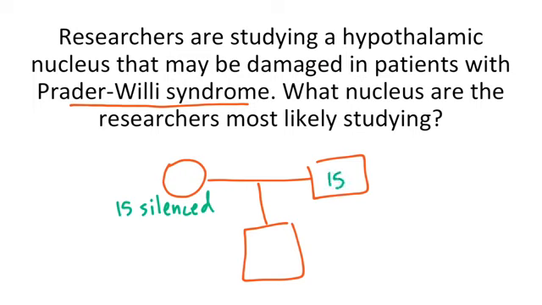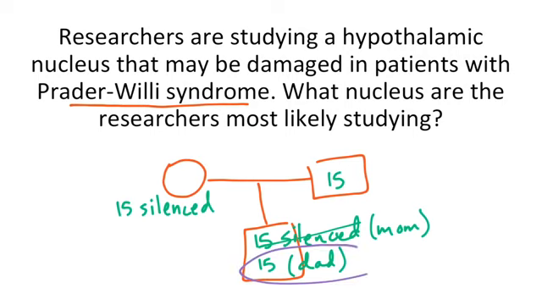As you can see, the maternal portion of this chromosome is normally silenced, so the baby must get this region of chromosome 15 from dad, or the baby will develop Prader-Willi syndrome. In this example, our patient has Prader-Willi syndrome, so we can assume that he has a silenced 15 from mom, and then a defective 15 from dad.